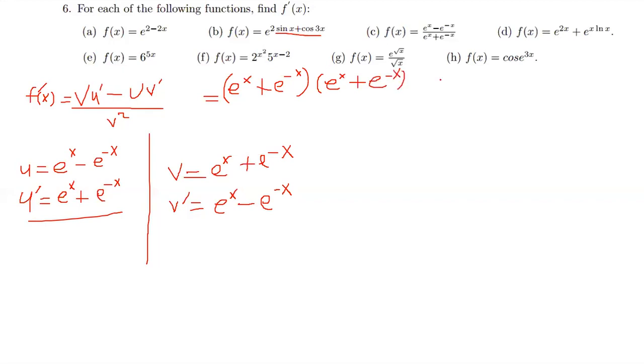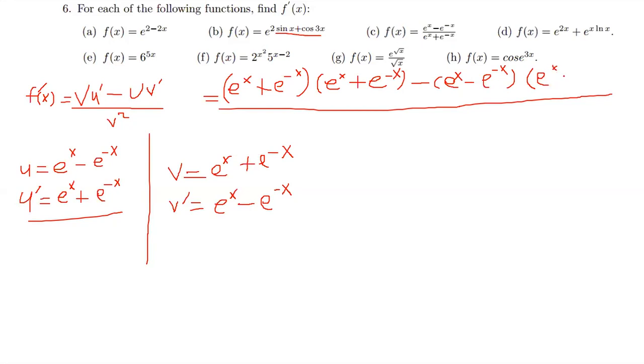You close the brackets, and then minus, you write your u, which is e^x minus e to the power negative x, and then everything divided. Oh, sorry, we write our v prime this side. Our v prime is e^x minus e to the power negative x, like that.